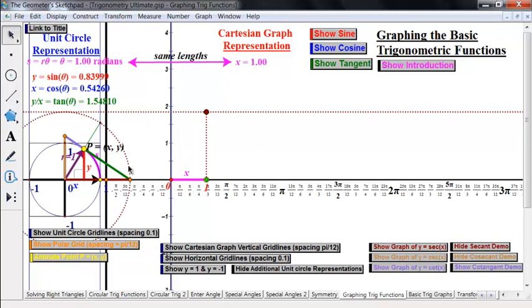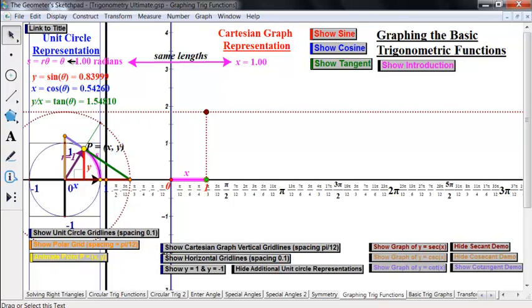Let's review. Whatever that angle is, that's going to be the same as the x value over here. It's an angle, which is also the arc length on the unit circle. So that pink length is the same length as the pink length in the right picture.